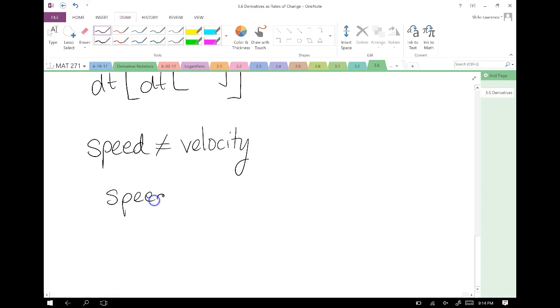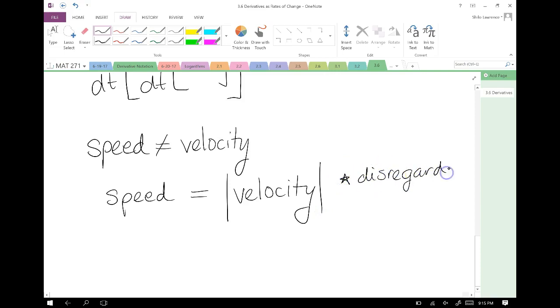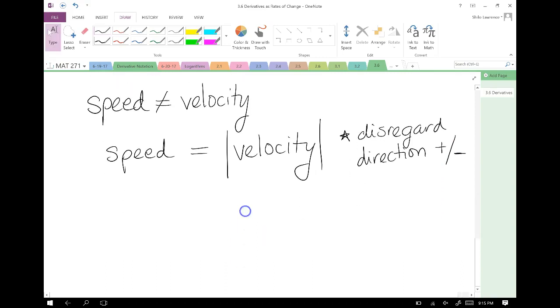Speed is the magnitude or the absolute value of the velocity. So we disregard direction, which in most of these is just positive or negative, up or down, left or right. We just want the number portion of it.